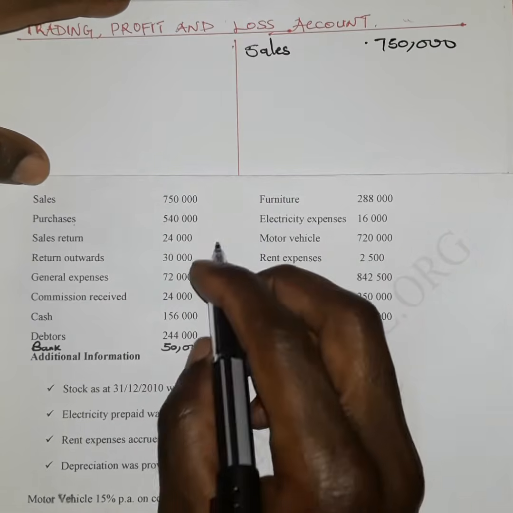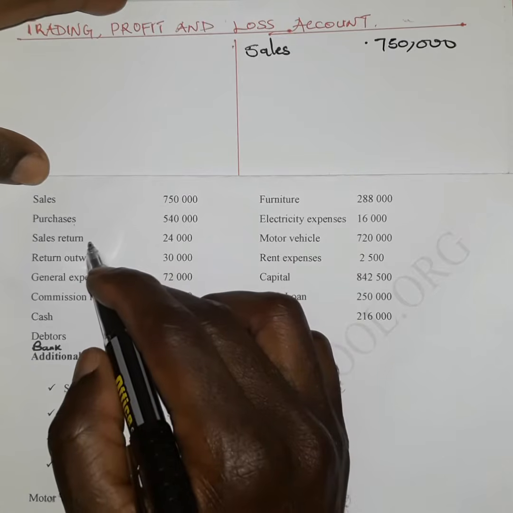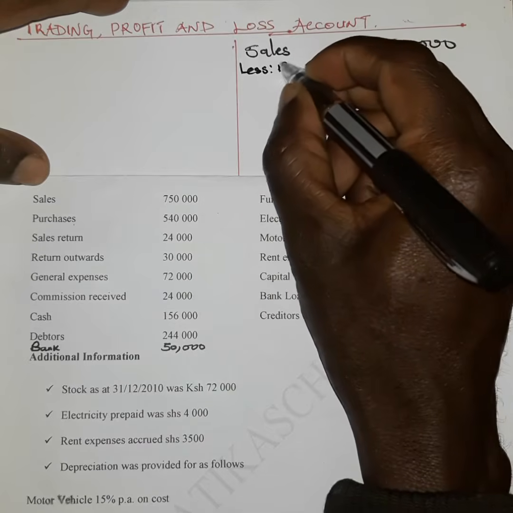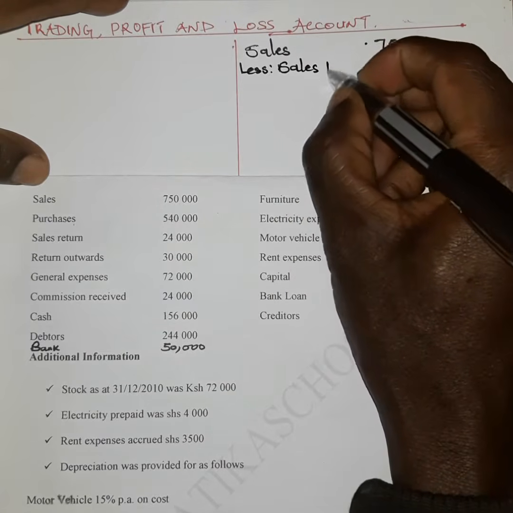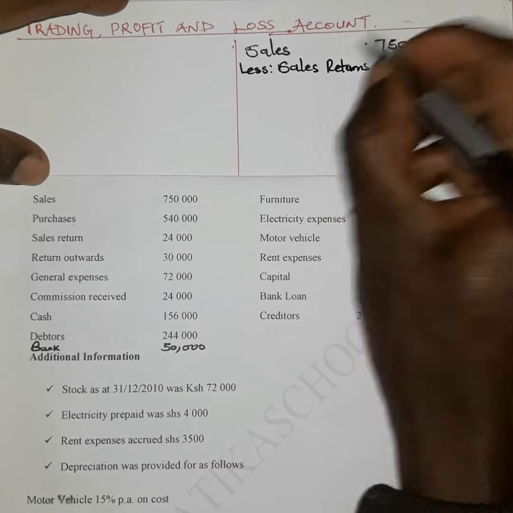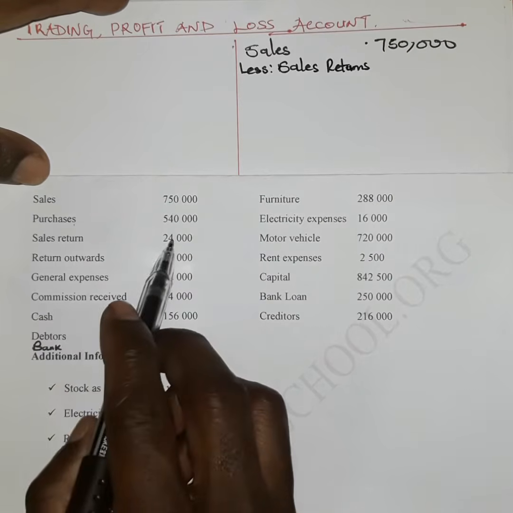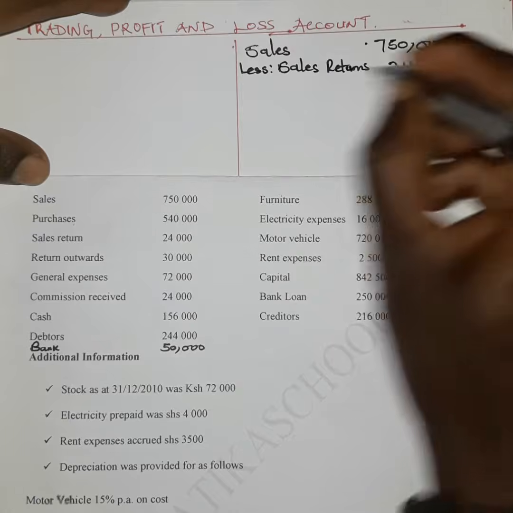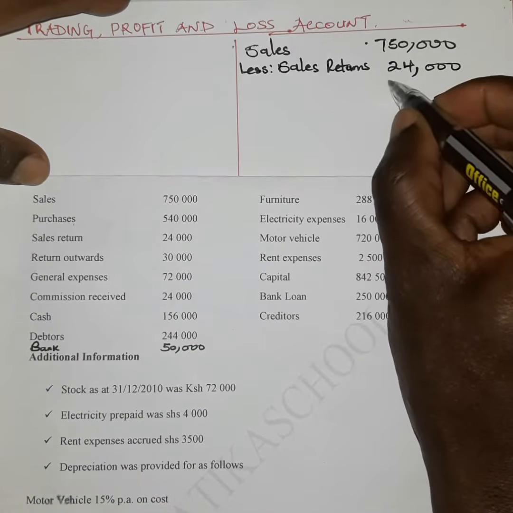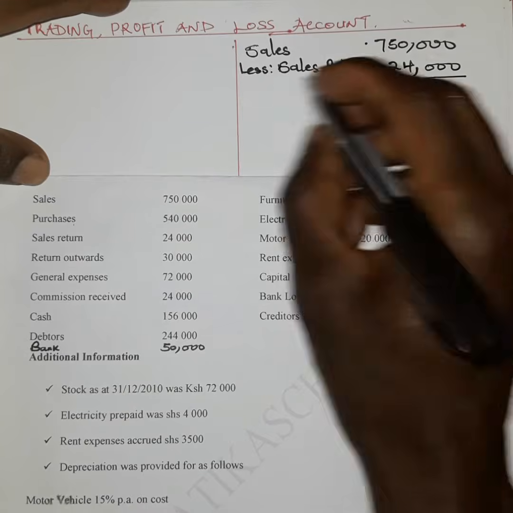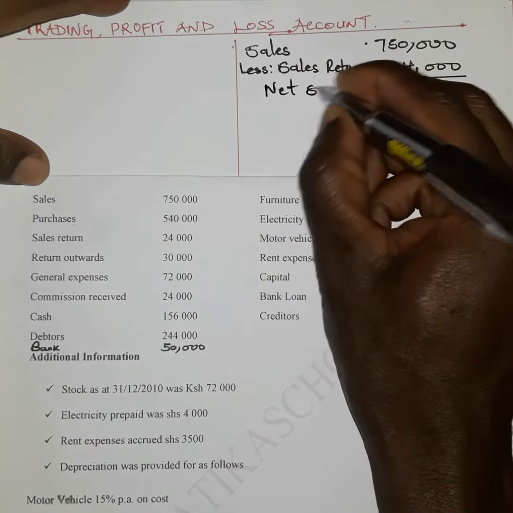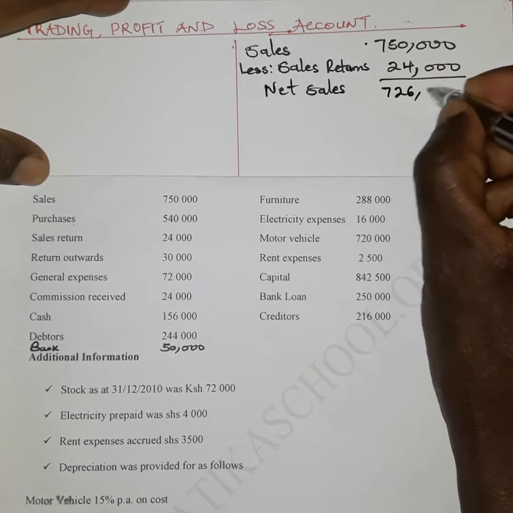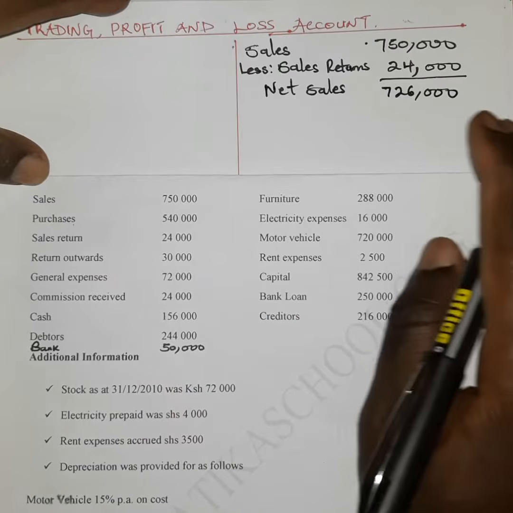And as I said, we are supposed to deduct sales returns, because these are part of sales which the customers have returned to the business, maybe because they have wrong quality, and the sales returns amount is 24,000. Then we are going to have what is known as the net sales. This is the new value of the sales after the returns, and the amount is 726,000. This is what we'll compare.